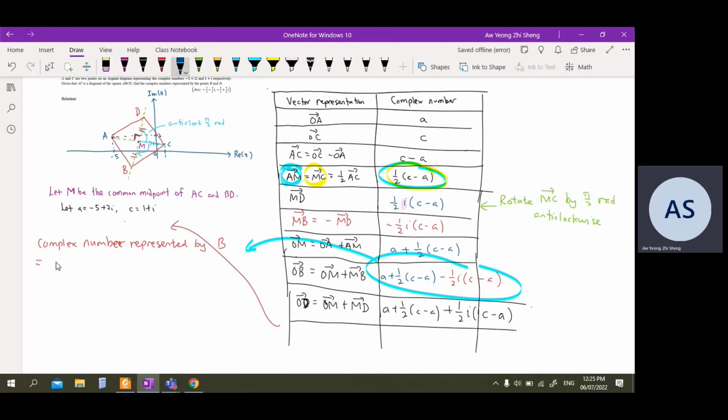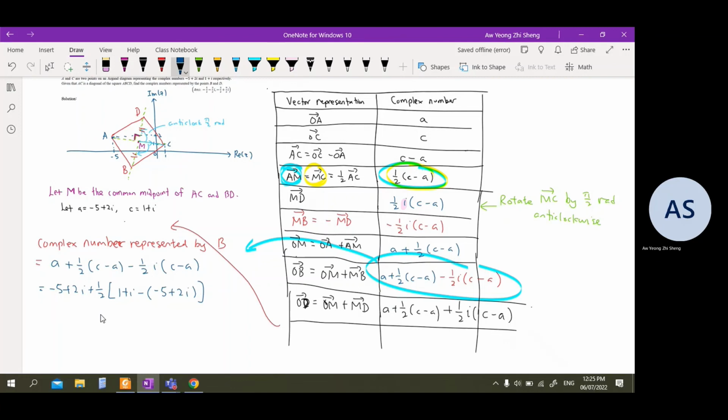I write this down first: A plus half times C minus A minus half I times C minus A. Just sub in all the values there and do your calculations. C is 1 plus I, A is minus 5 plus 2I. Minus half I, and it's the same thing here, C minus A again.